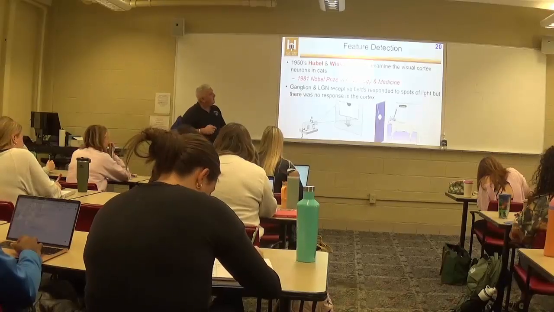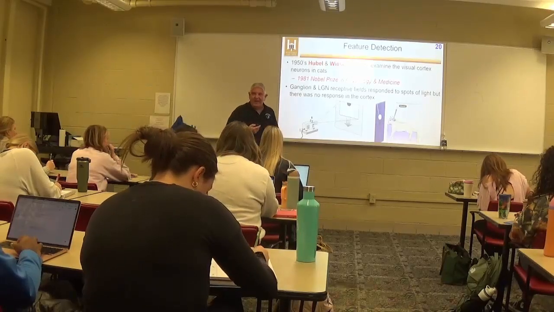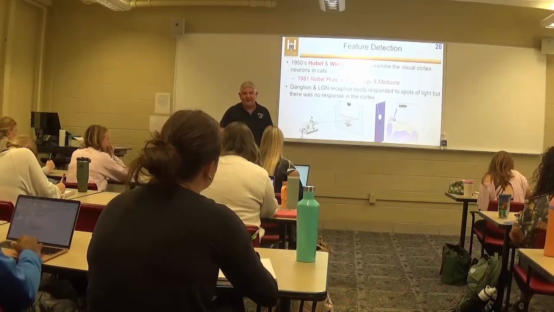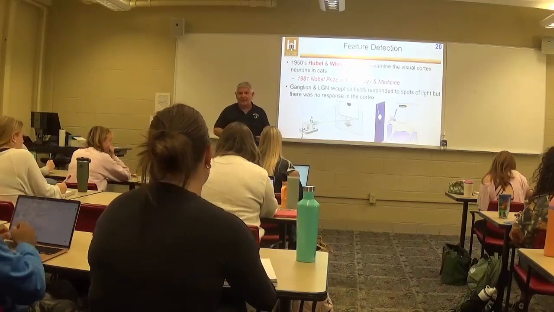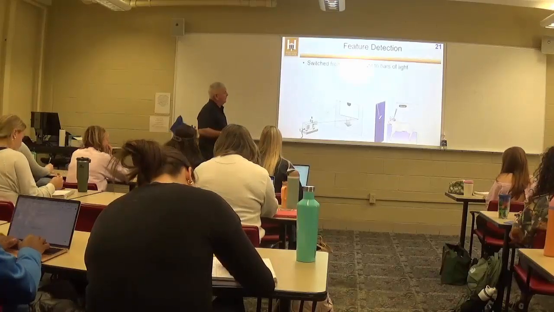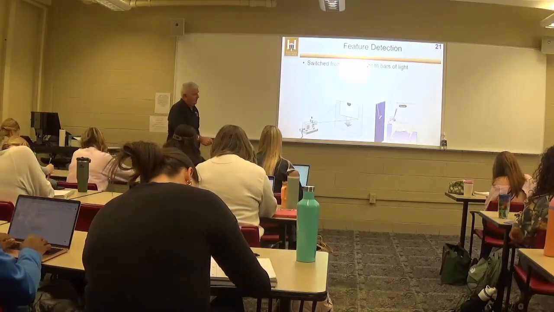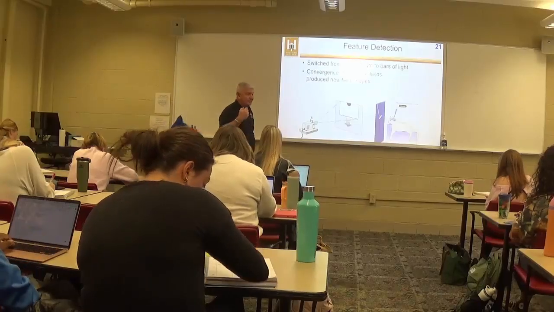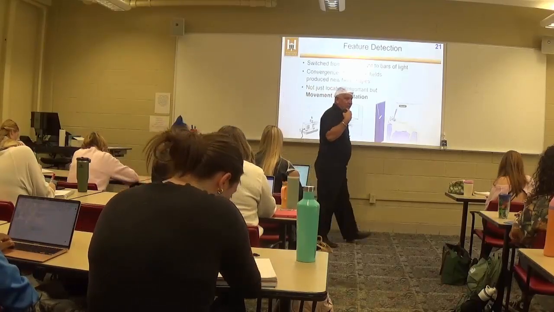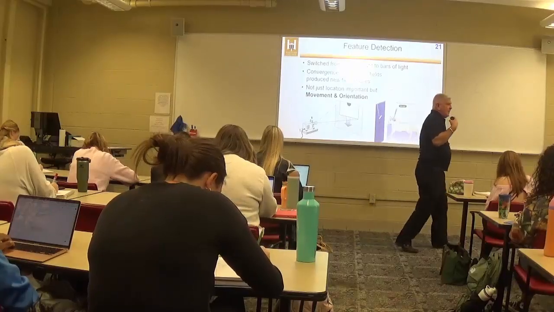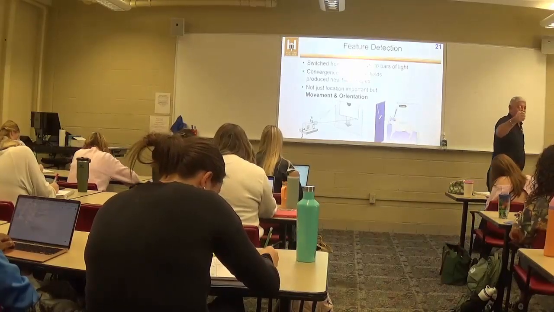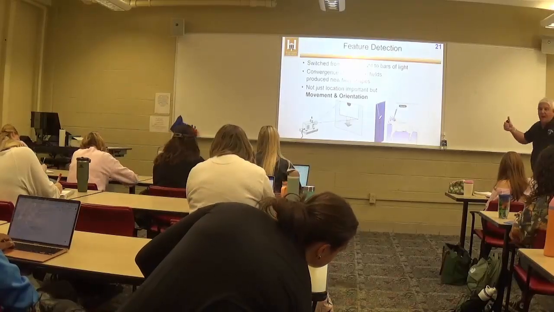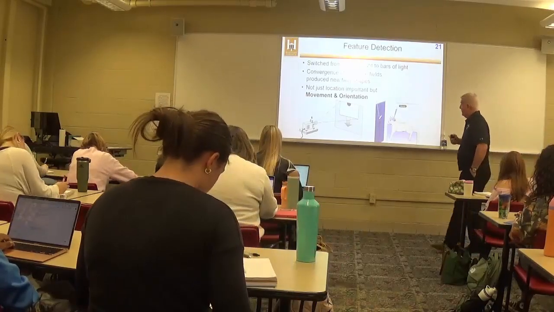I don't know if it was Hubel or Wiesel or both of them who had the right idea: maybe we need to be looking not for dots of light, but for lines of light. And it turns out that when they switched to lines at different angles, they were able to get responses in V1. So V1 is coding for features, not just dots of light, but features like lines at different angles.